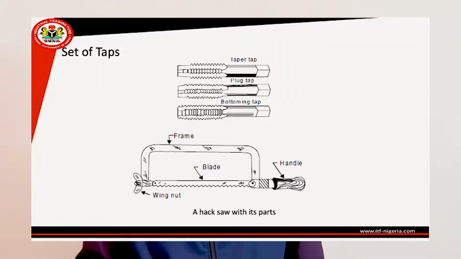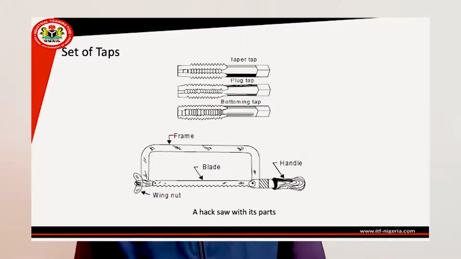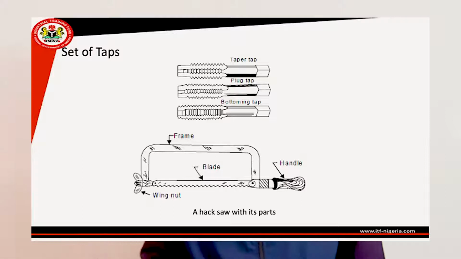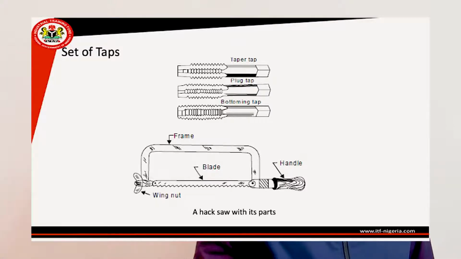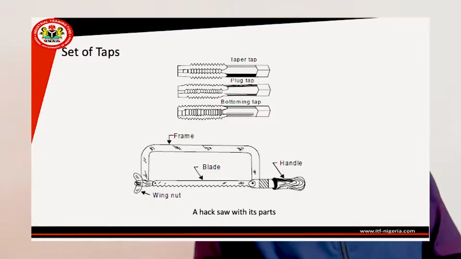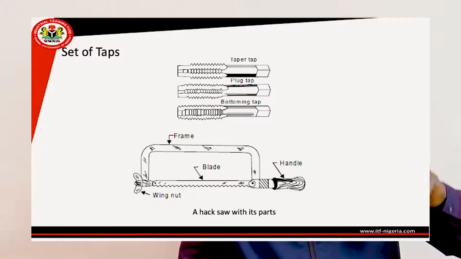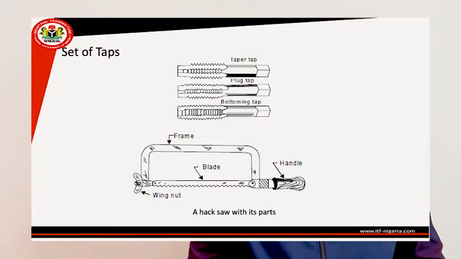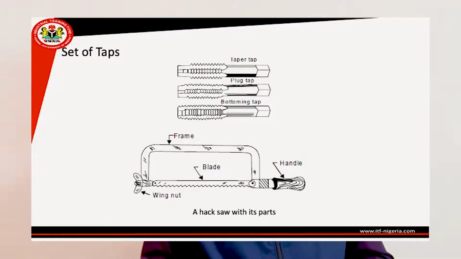They come in 3 sets. The very first one is called the taper tap, followed by the plug tap, and the final one is the bottoming tap, as you can see from the screen. The 3 sets must be used in order to actualize the threading of an existing hole. This will be discussed in detail when I take you through tapping as a process.